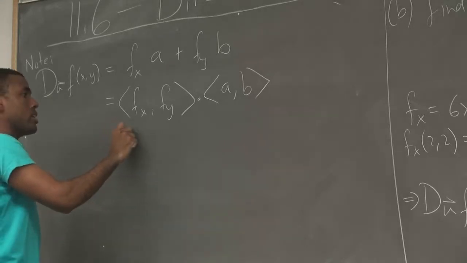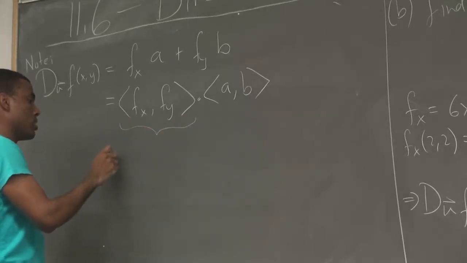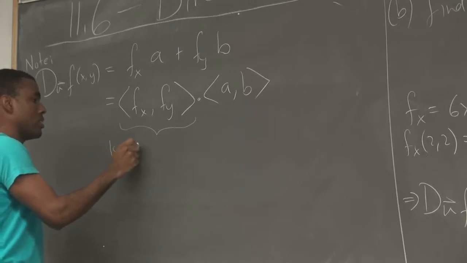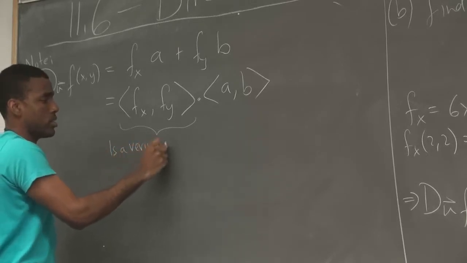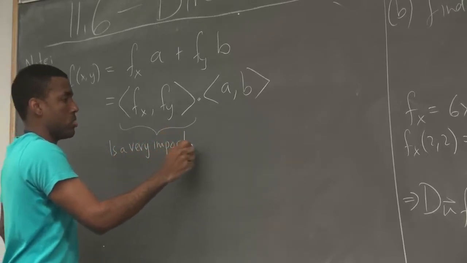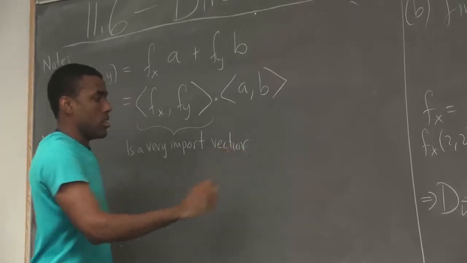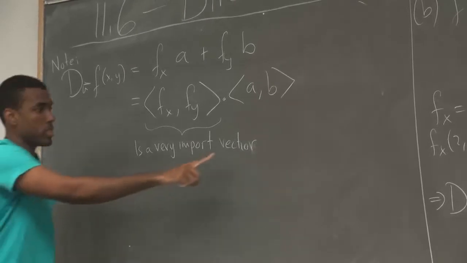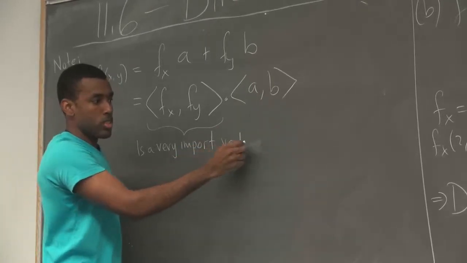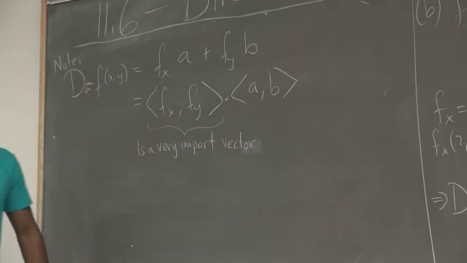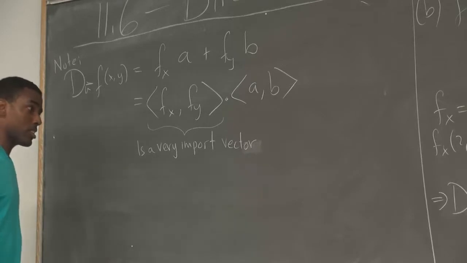Now this guy here is a very important kind of vector. Very important. Especially for those of you going into physics. I know in the next course, 391, you're going to be using this vector all the time, and it's going to define conservative vector fields and all that, where you conserve work and energy and all that kind of good stuff.